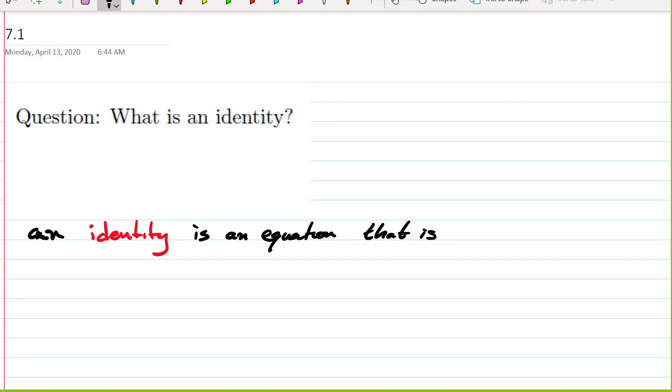An identity is an equation that is true for every input in its domain.